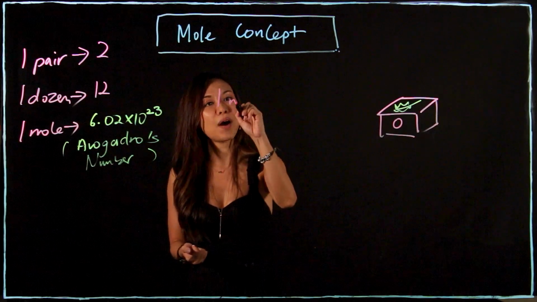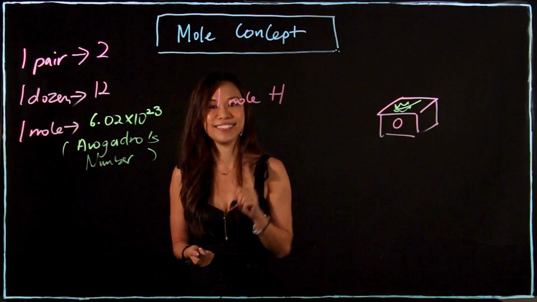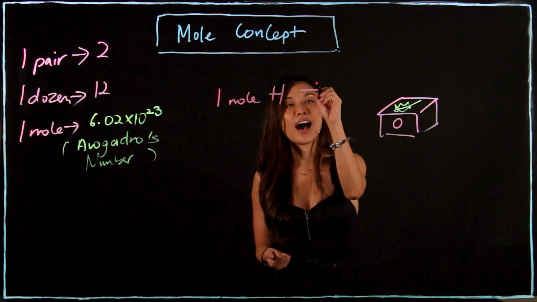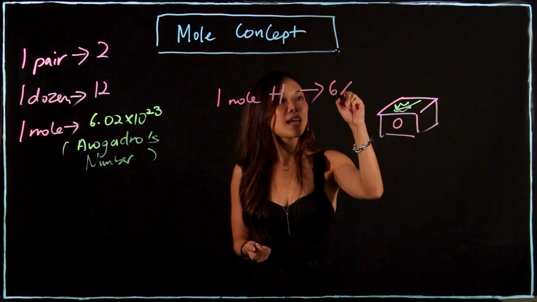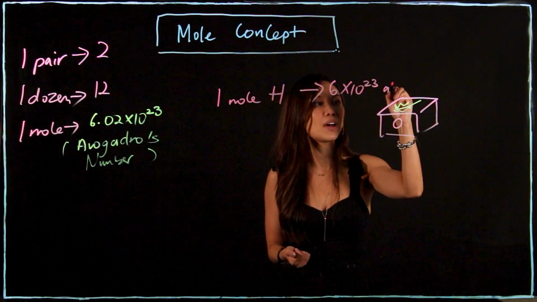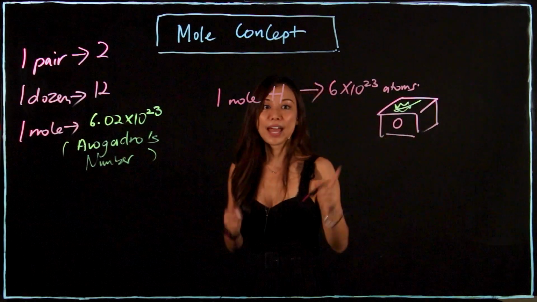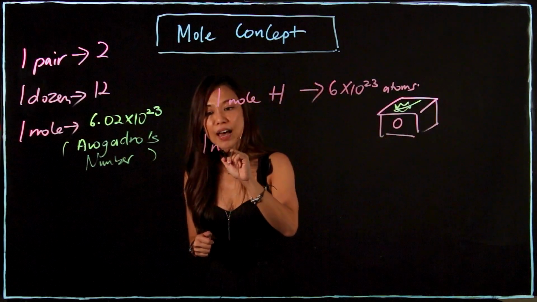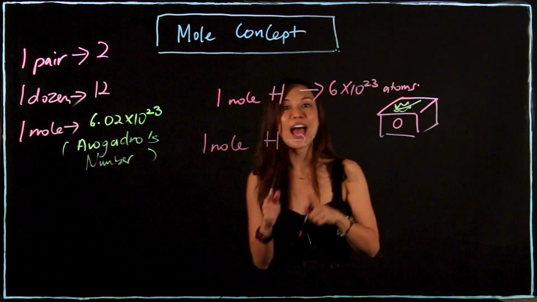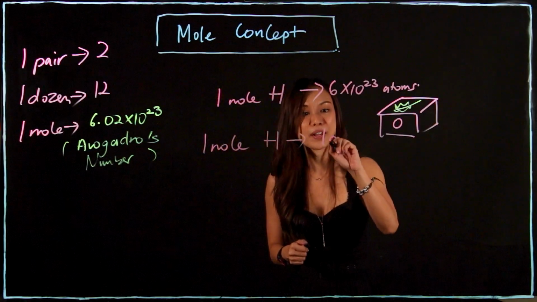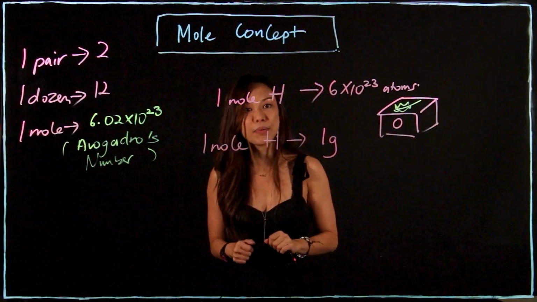If I say I have 1 mole of hydrogen atoms, I actually have 6 times 10 to the power of 23 atoms. And not only that, 1 mole of hydrogen actually has a mass of 1 gram.